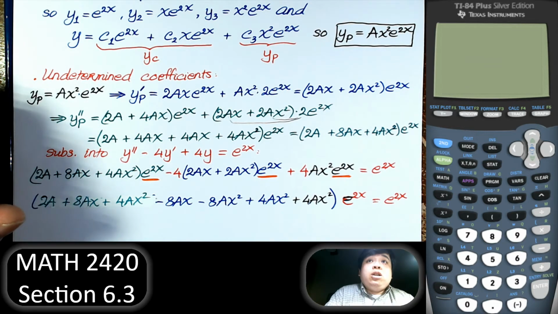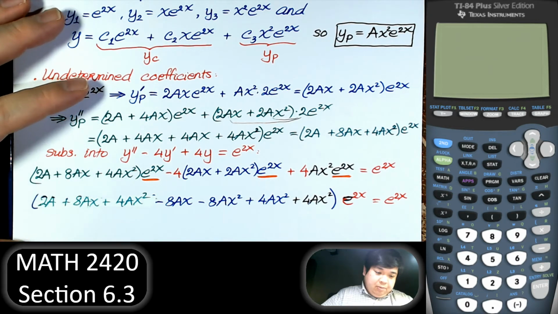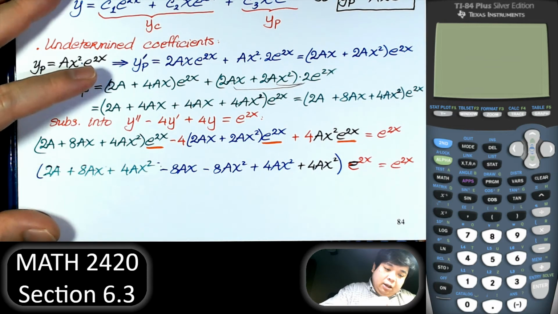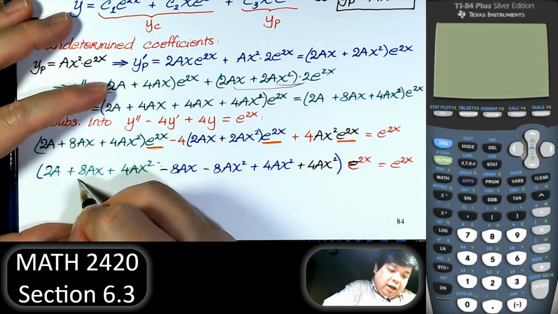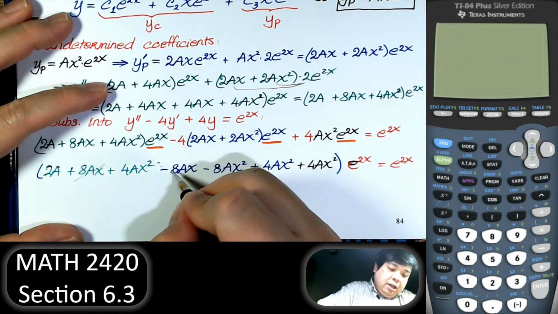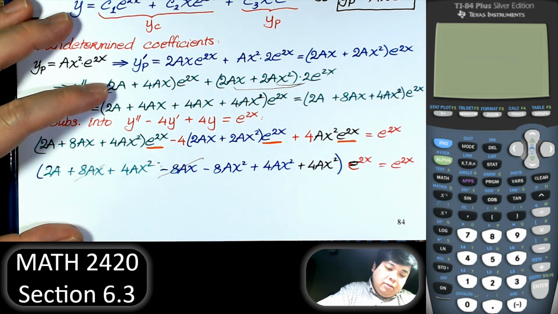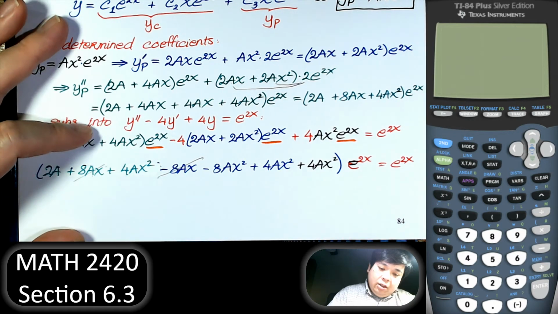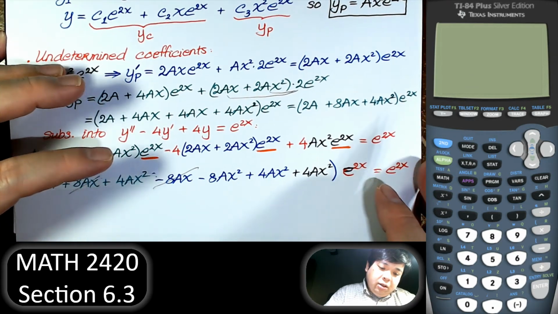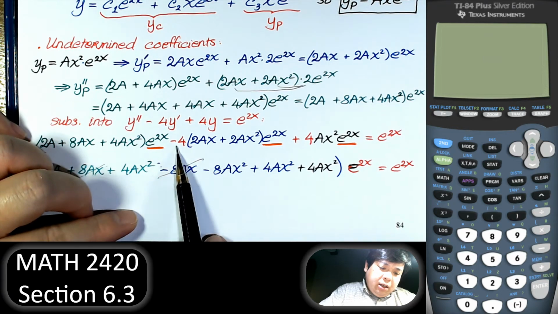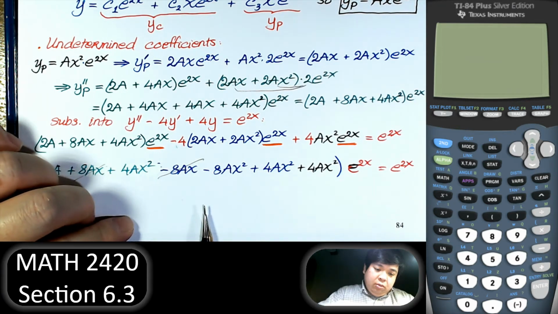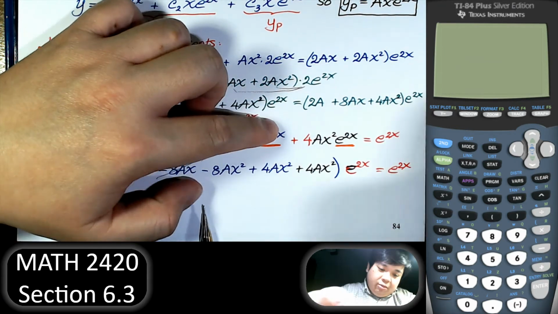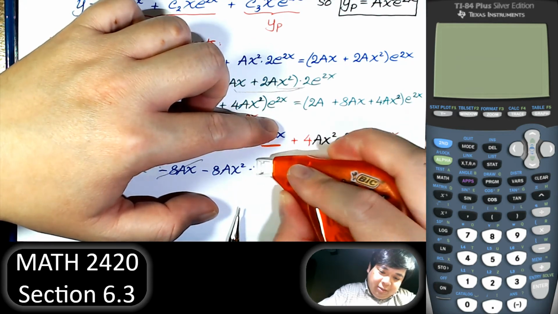Right, now to simplify, what do we have? Ax, 8ax. Now the ax squared, wait, I'm not sure where this comes from, so yeah, sorry.